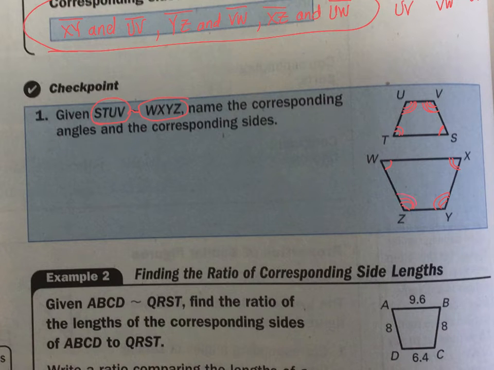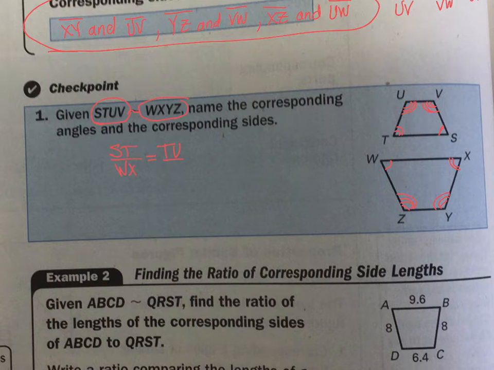And then if you write the sides, ST over, what's its corresponding side? WX is going to equal TU over, what's its corresponding side?